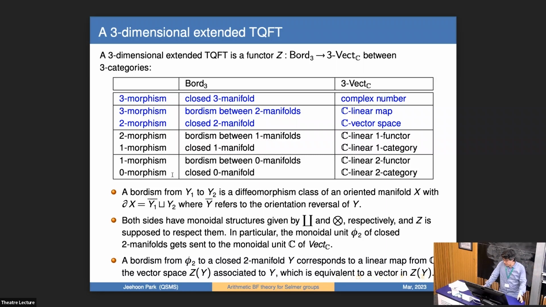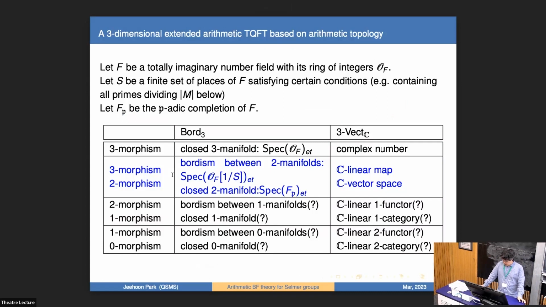Arithmetic TQFT will do the same analog based on arithmetic topology. Instead of closed three-manifolds and two-manifolds, we'll use the spectrum of the ring of integers and also the spectrum of the ring of integers with primes inverted, and things like that. So here's the three-dimensional extended arithmetic TQFT based on arithmetic topology.